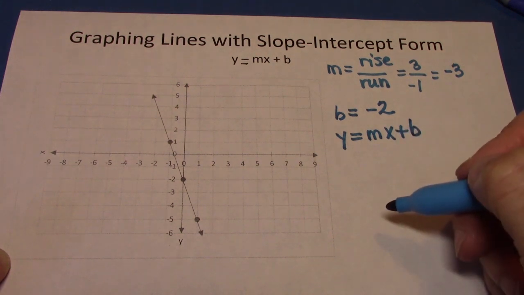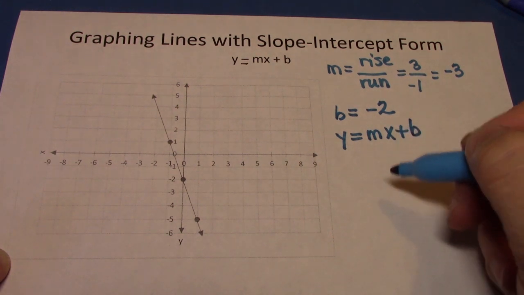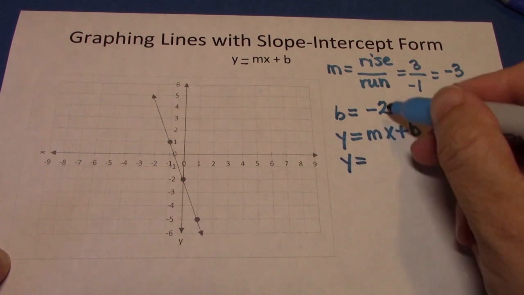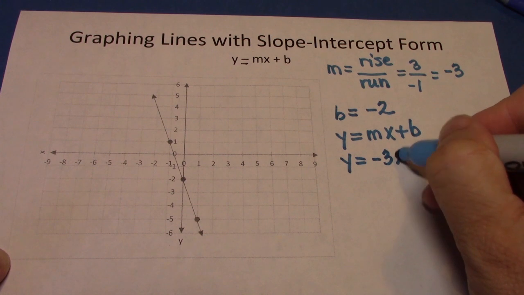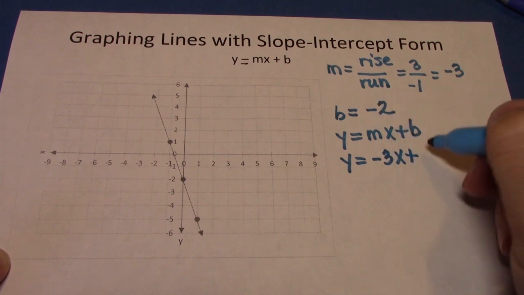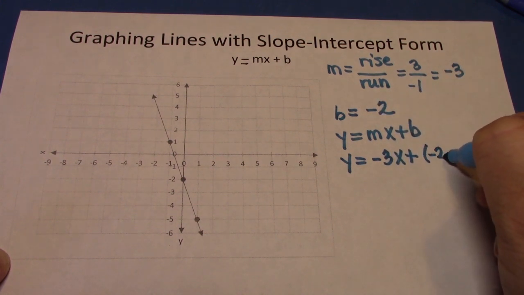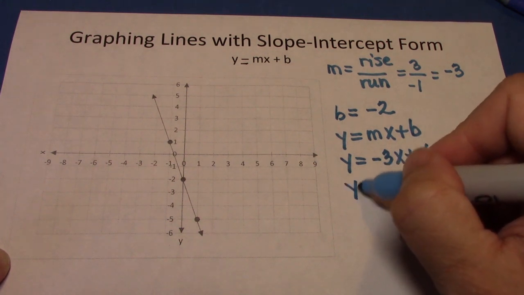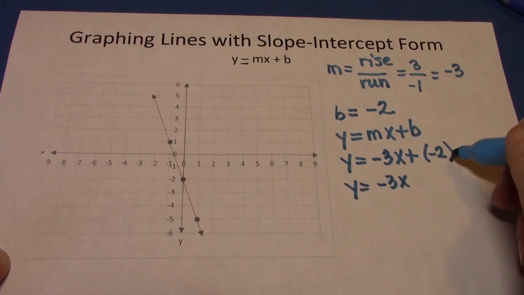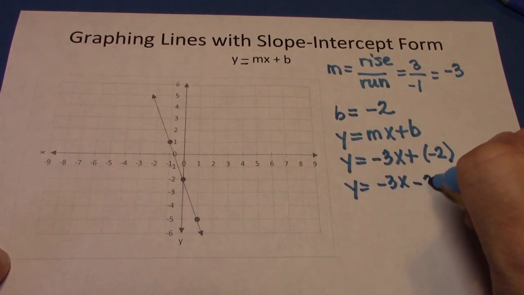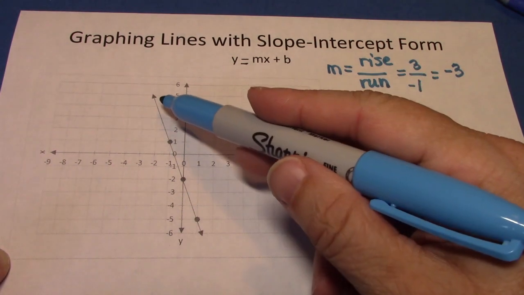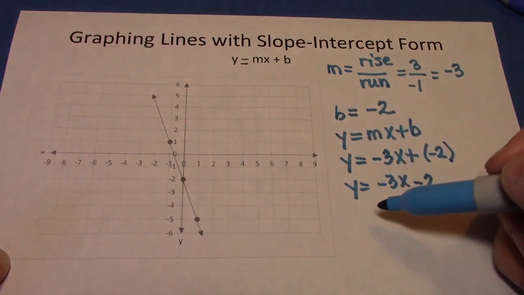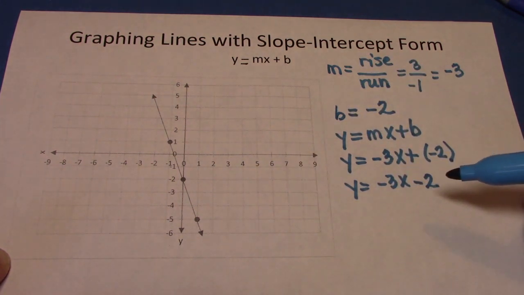So when we say y equals mx plus b, we substitute our slope for m, and our b is -2. Plus a -2 is really -2. So this line has the equation of y equals -3x minus 2.